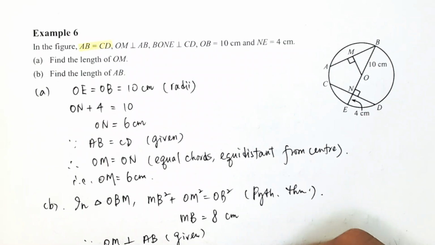The perpendicular joining from center to chord bisects chord.